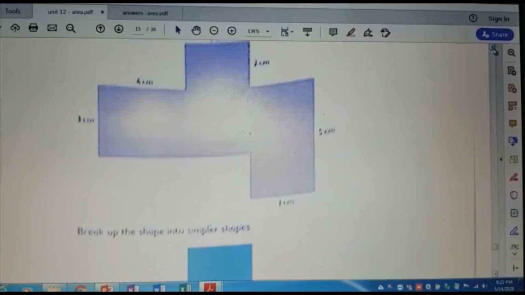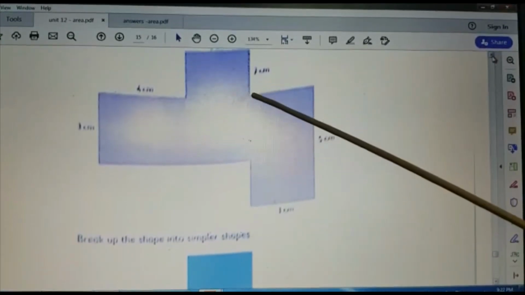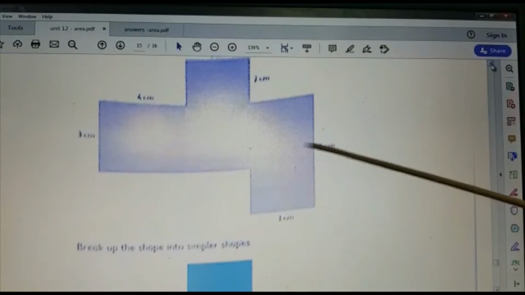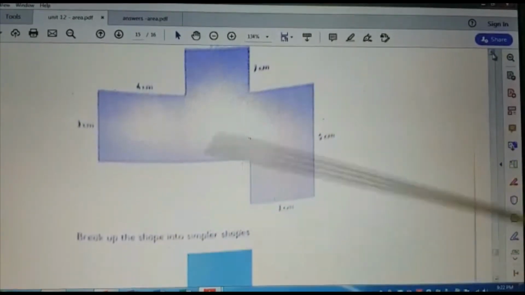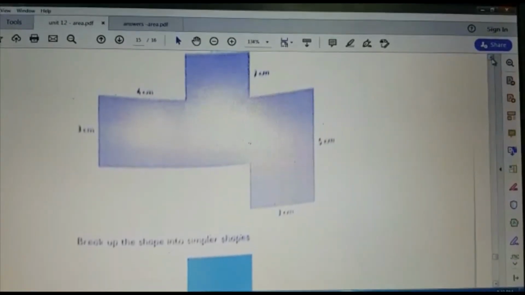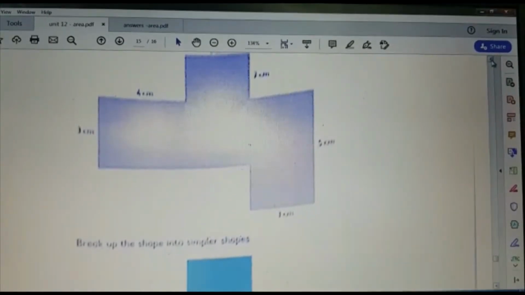What you need to do is see, if I divide it like this, whether it is easy to find the unknown side or unknown length somewhere. Need to check that. So here we are going to divide it like this and this. There is no rule that you should divide like this. It is up to you. You need to examine the values given.